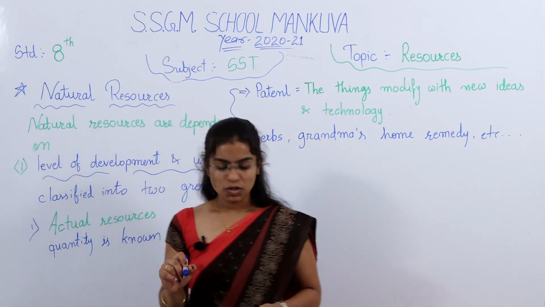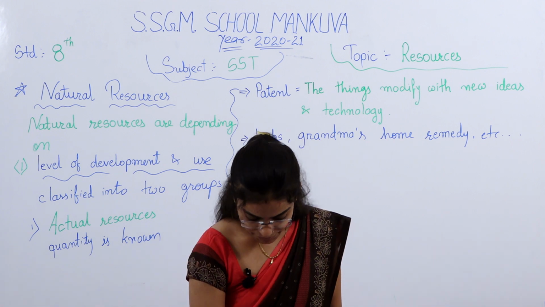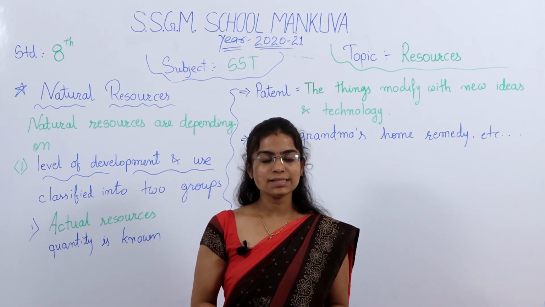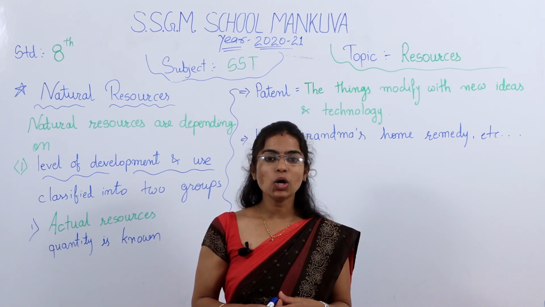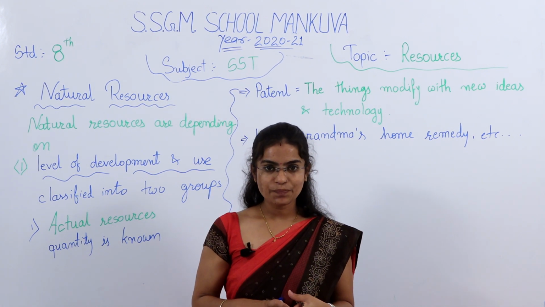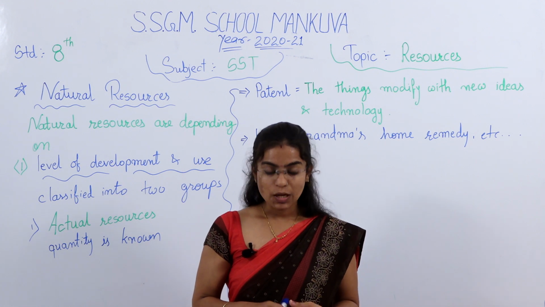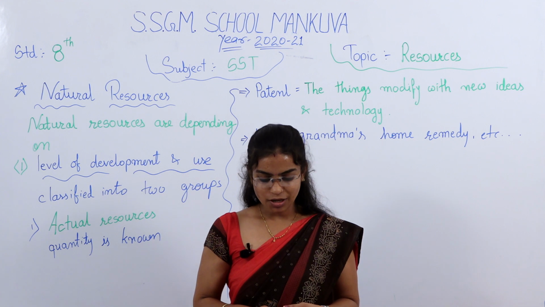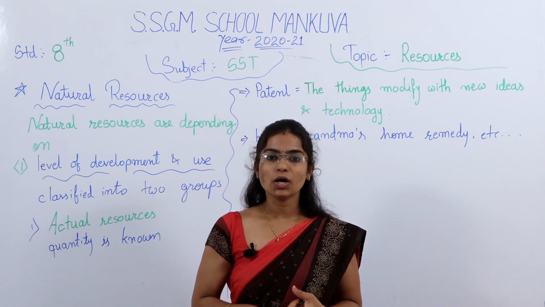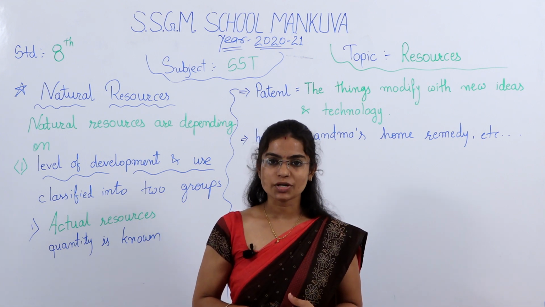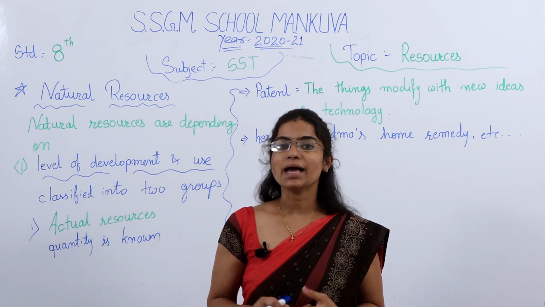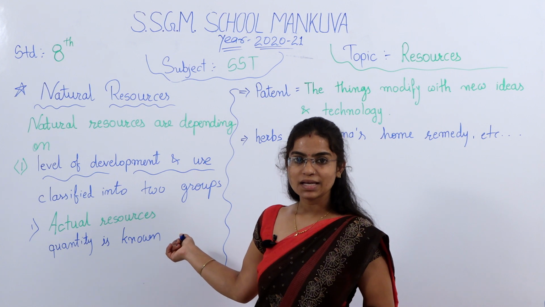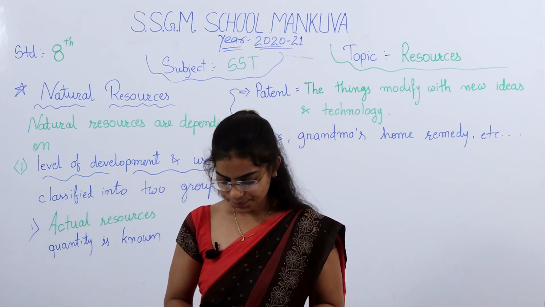Now let's see the examples. The first one is coal in Germany. Then petroleum in West Asia. Dark soil of the Deccan in Maharashtra. These are all examples of actual resources.